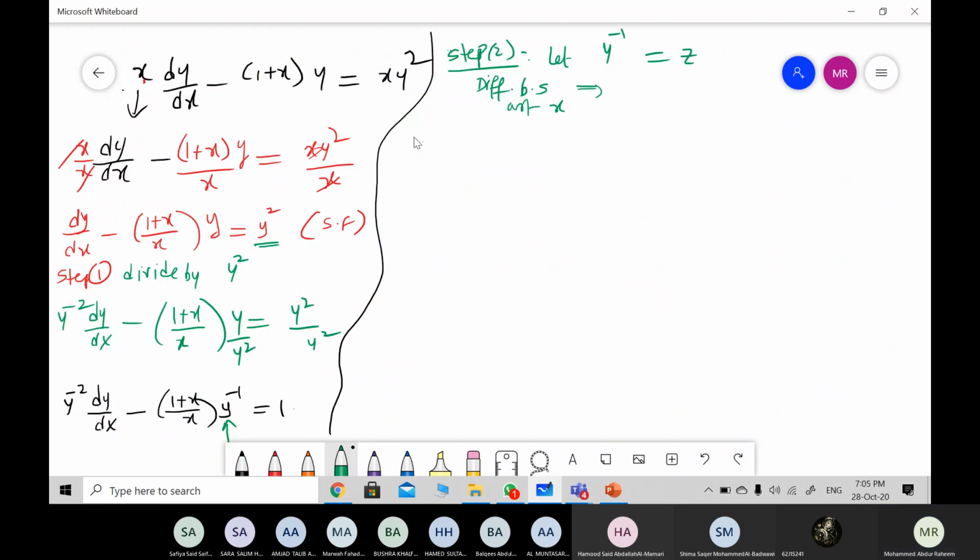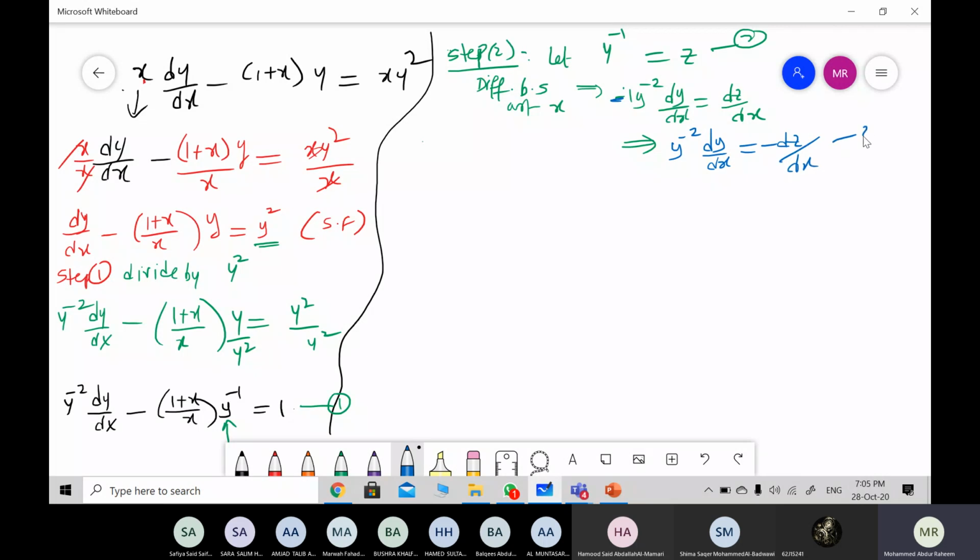So if we differentiate, for this n x power n minus 1 dy by dx is dz over dx. Say equation 1, say equation 2, and from this if we try to go one step better, what is the step? This minus will be here. Put 2 and 3 in 1.